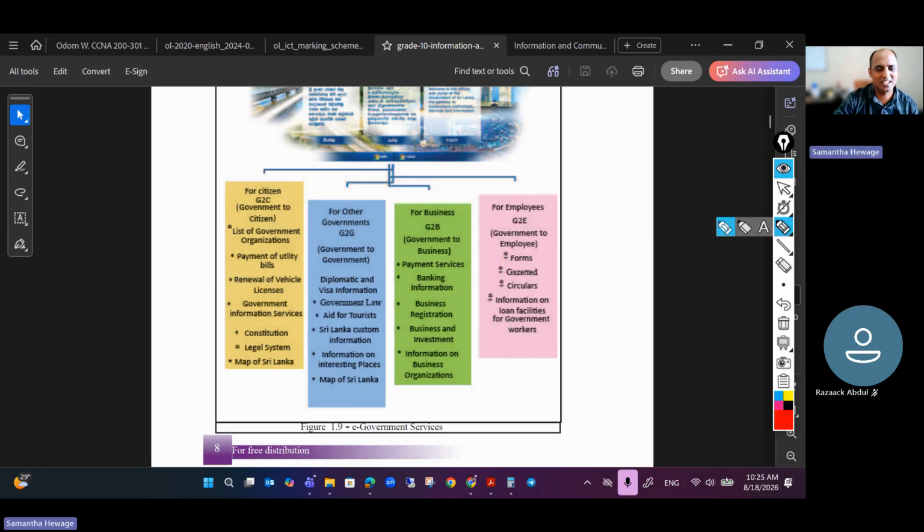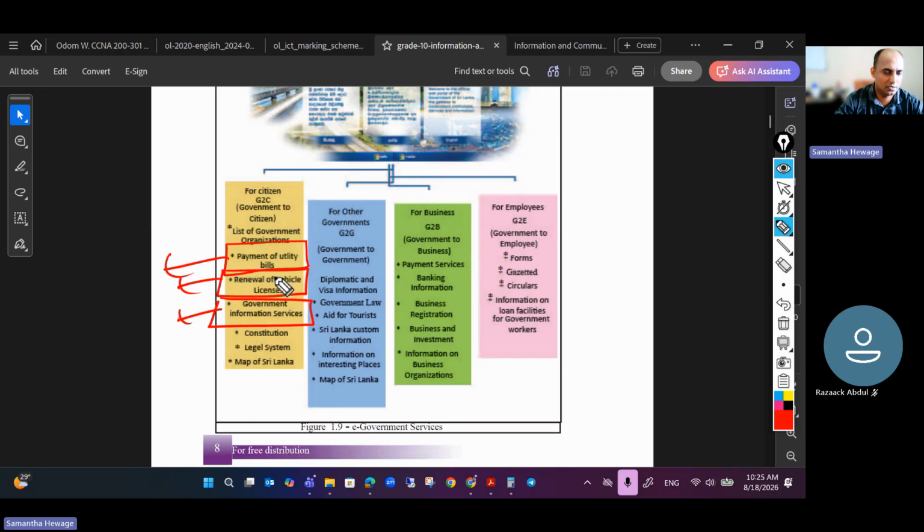So what are the other services I can get? Yes, I can pay utility bills, possible. Renewal of vehicle license, as I showed you. So I can get government information services. There's some hotline also there.